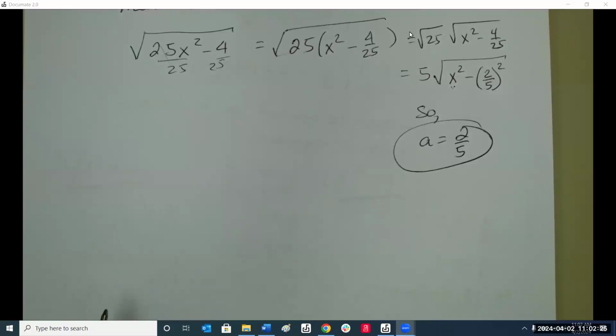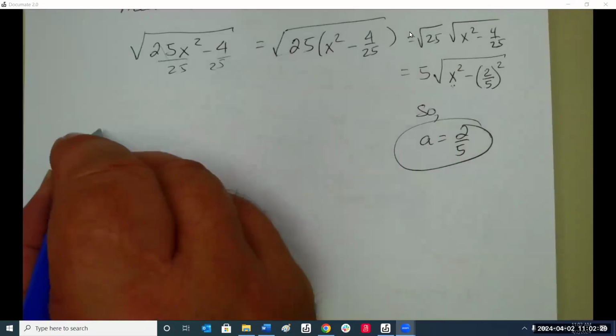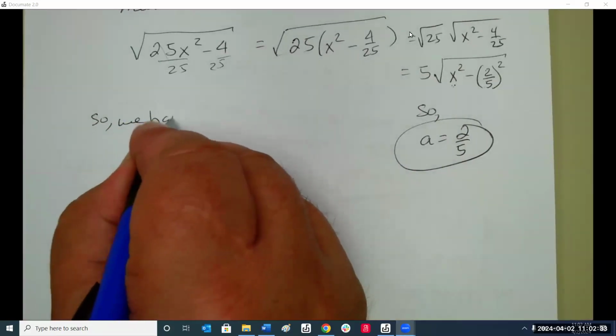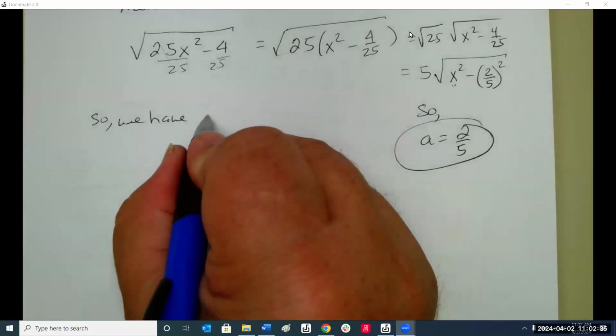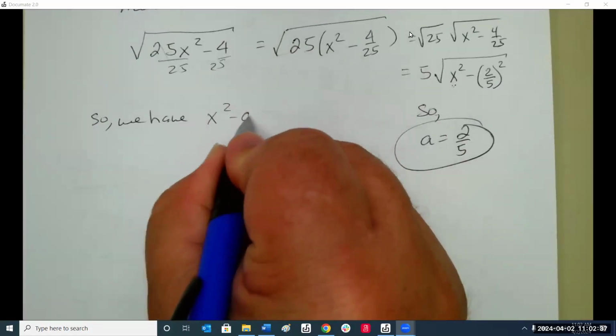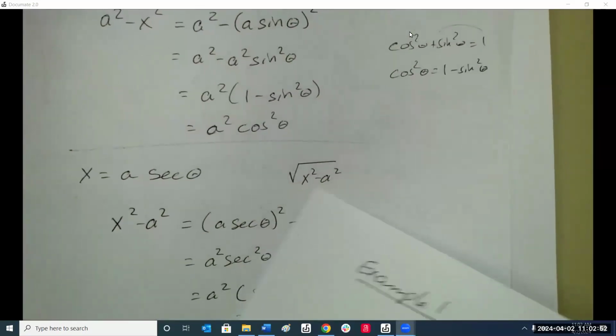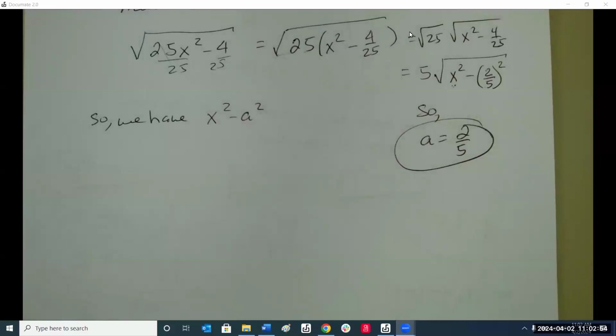And so what we have, we use this function, x squared minus a squared, that's the secant function.